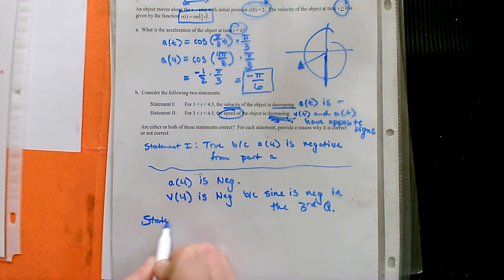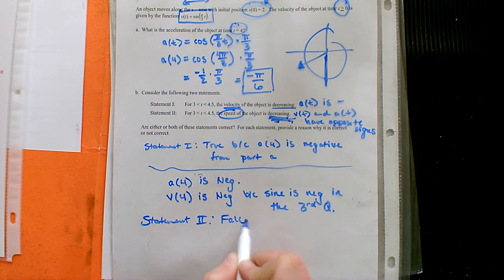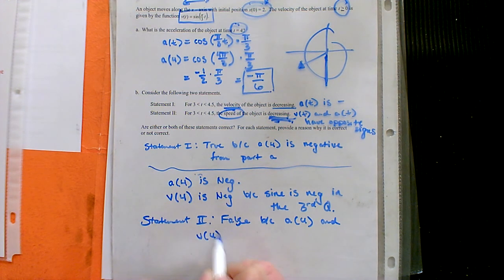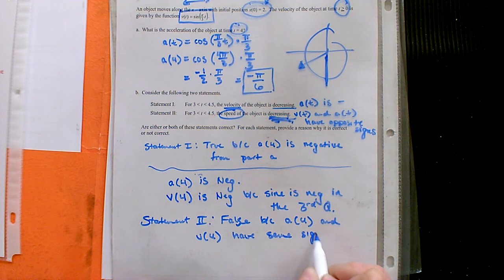So statement 2, we'll say false, because a of 4 and v of 4 have the same signs. So speed would increase.